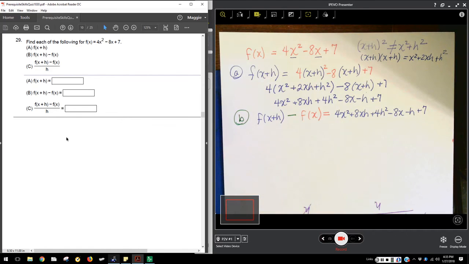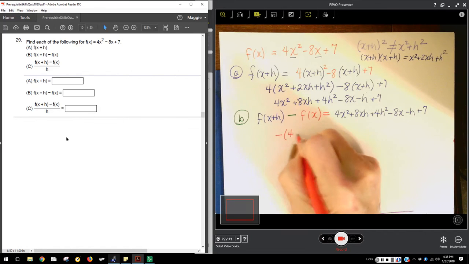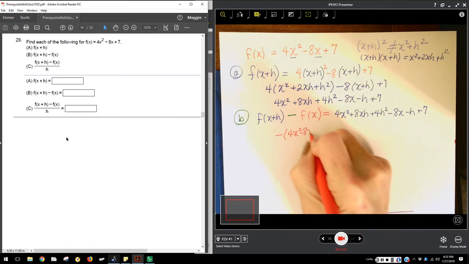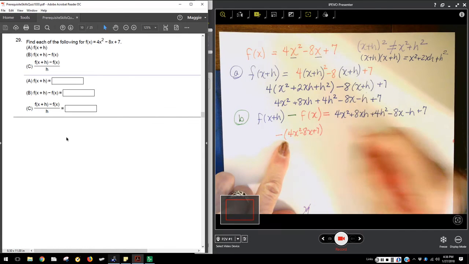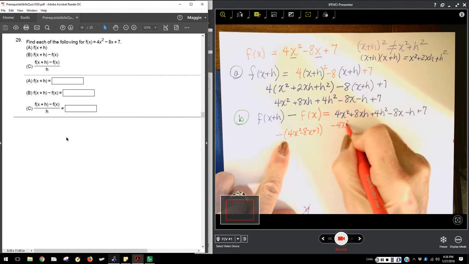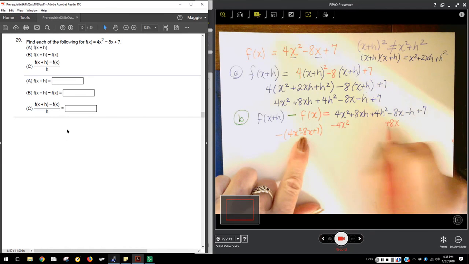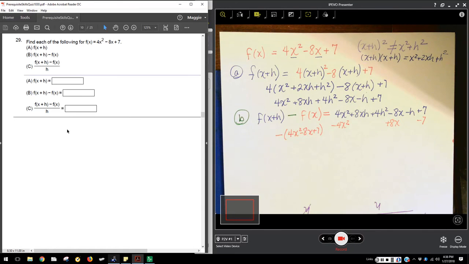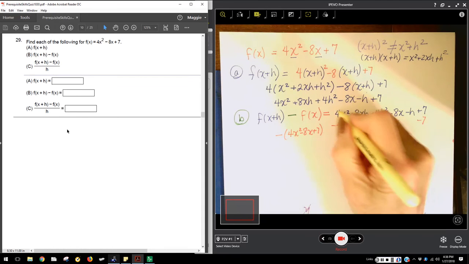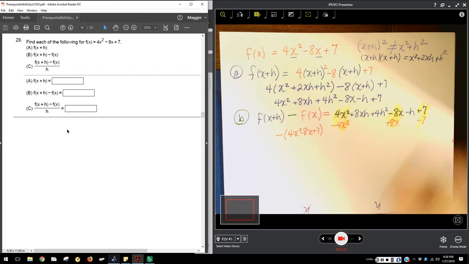And if we're going to subtract f of x, then we're going to have minus 4x squared plus 8x minus 7. And then what's going to happen is this and this and this are going to cancel each other out.